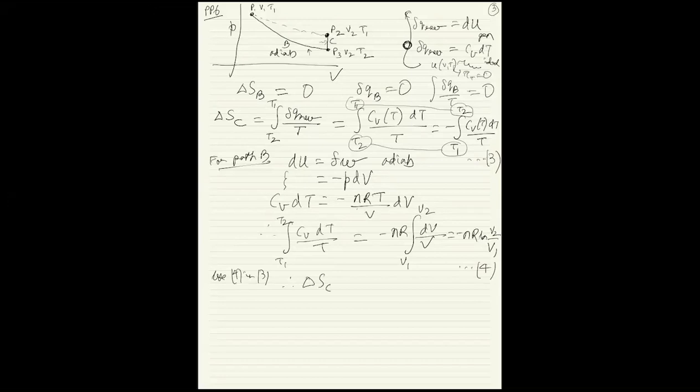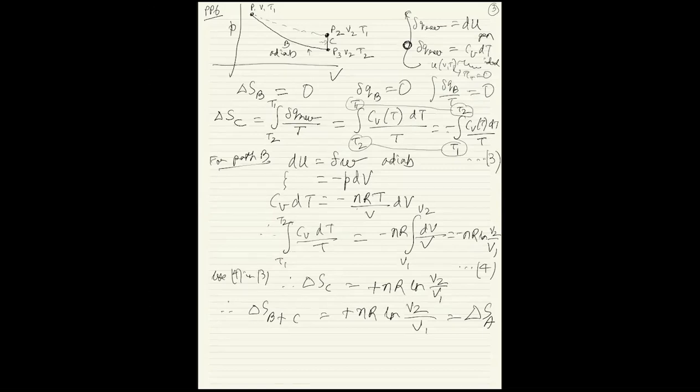Therefore, delta S_C is, this minus sign eats this minus sign, and we are left with a plus nR ln V2 by V1. Therefore, delta S_B plus C is equal to plus nR ln V2 by V1, which is the same as delta S_A, which we did in class last time.